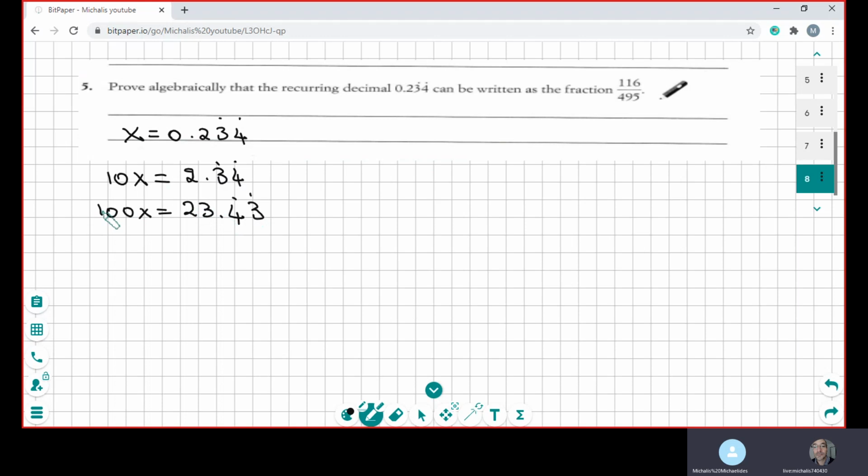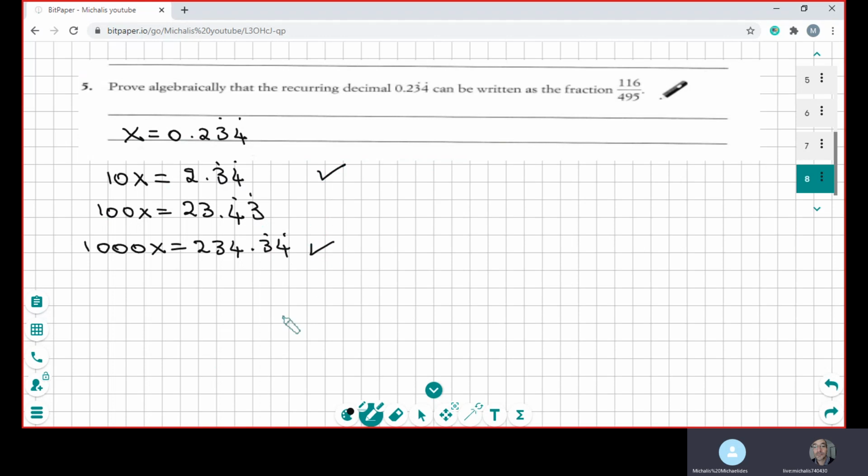So all I need to do is to times another time by 10. So I have 1000x, which is equal to 234.3434.